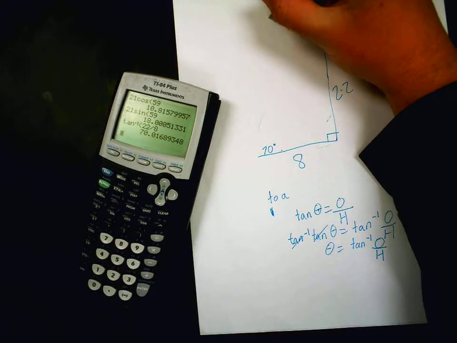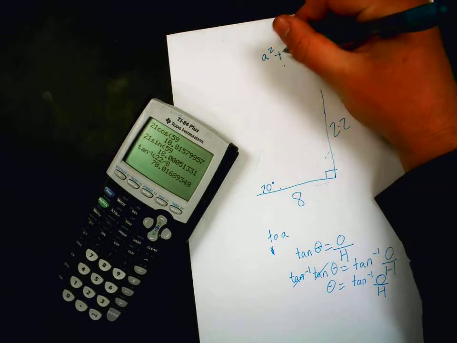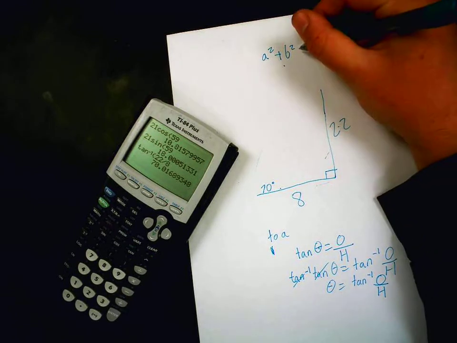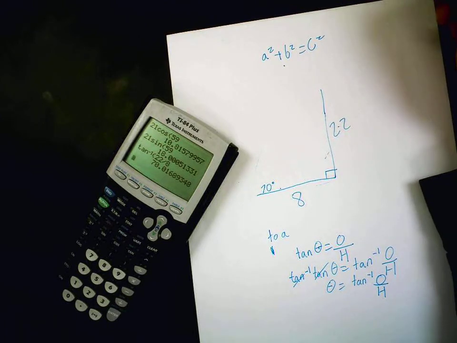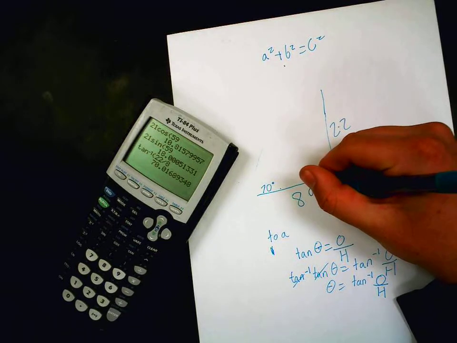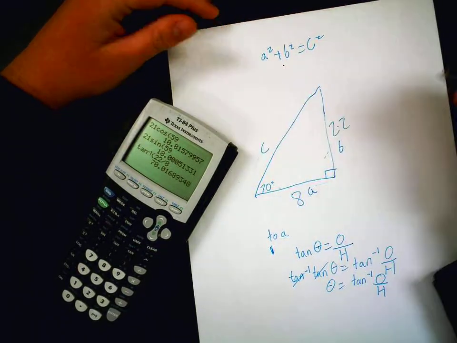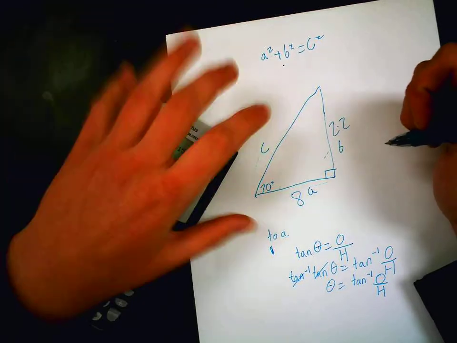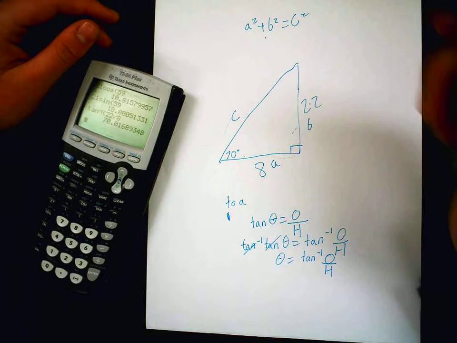I hope you know this, please. a squared plus b squared equals c squared. This is going to be a, this is going to be b, and our hypotenuse is c. Let's get a formula for finding the magnitude of your vector.